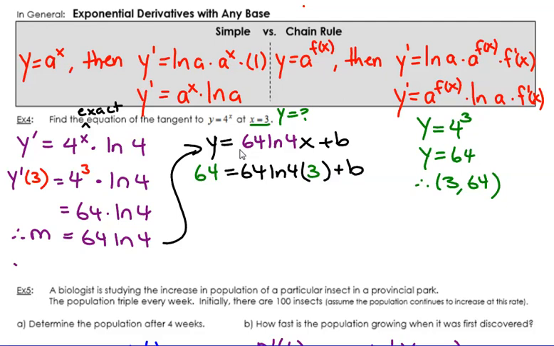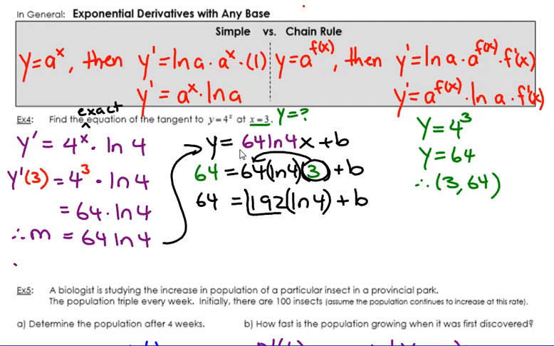Okay, and you can pull this guy out because this is like together, right? So why don't we just multiply that together? And we get 64 is 192, and leave the ln 4 together because technically those guys exist together. Kind of like a trig, like sine 4 degrees or something.